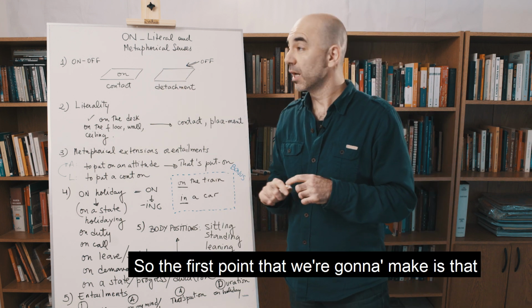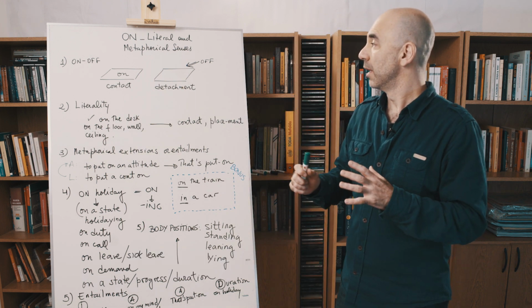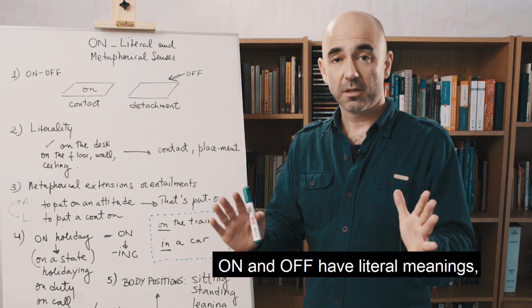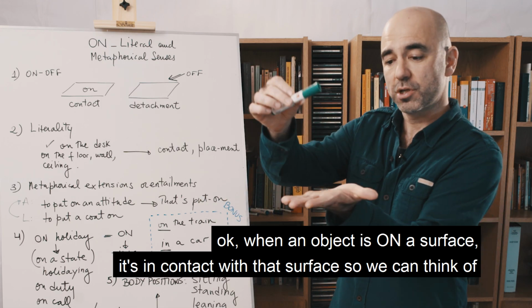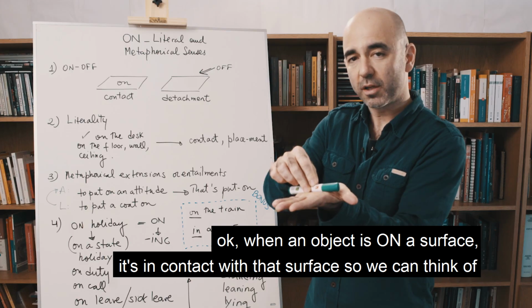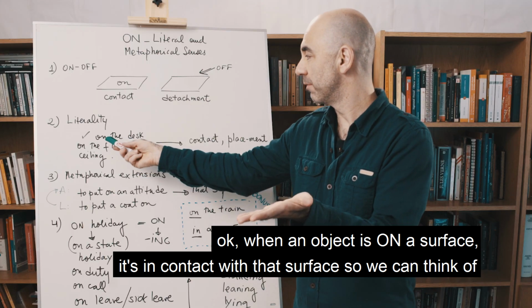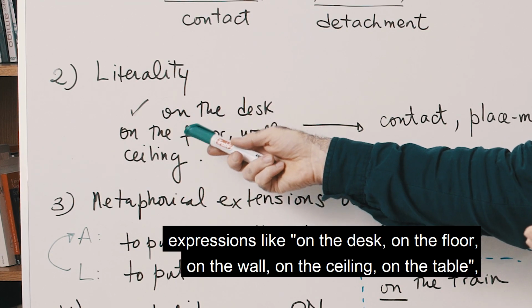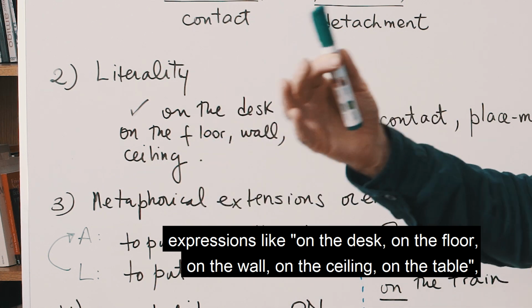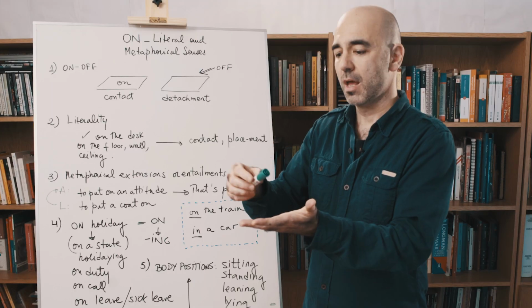So the first point that we're going to make is that on and off have literal meanings. Okay, when an object is on a surface, it is in contact with that surface, so we can think of expressions like on the desk, on the floor, on the wall, on the ceiling, on the table.